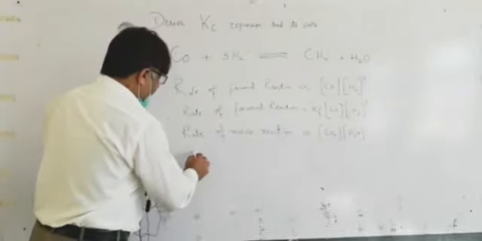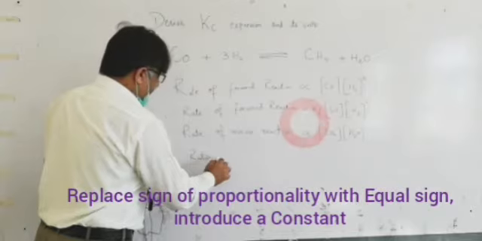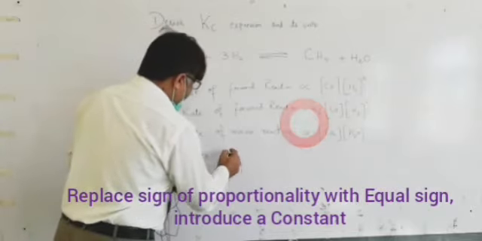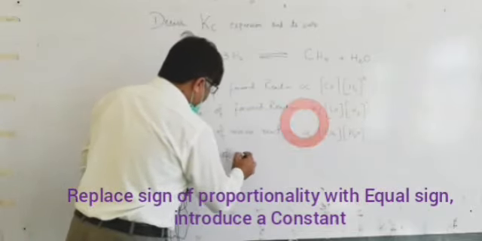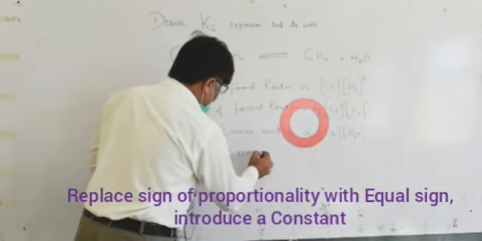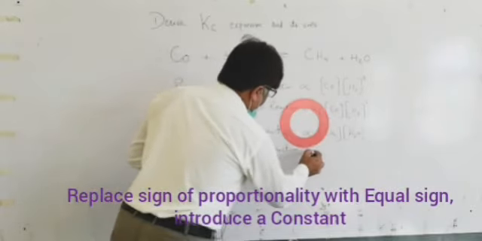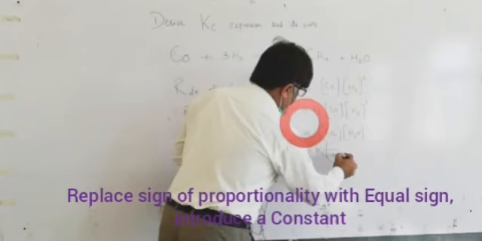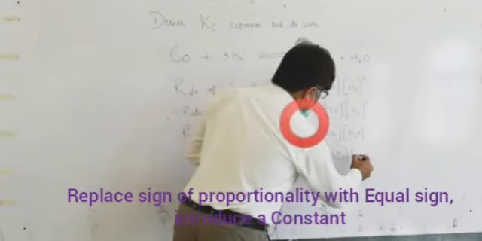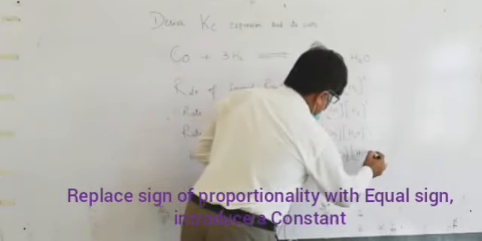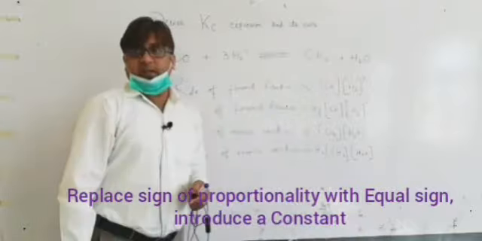Similarly, when you remove the proportionality sign, it is equal to K of CH4 H2O, right?